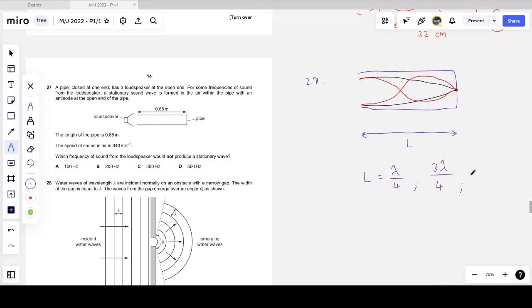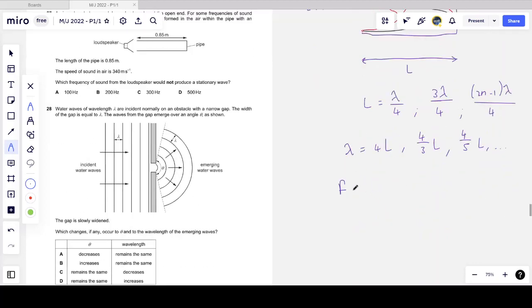It's lambda over 4, 3 lambda over 4, 5 lambda over 4, etc. And that's 2n minus 1 times lambda over 4 for any integer values of n. And so I can continue, and this would be the pattern. And so what this means is the wavelength, lambda, if I just rearrange these equations, is 4L or 4/3 L or 4/5 L, and you can see the pattern.